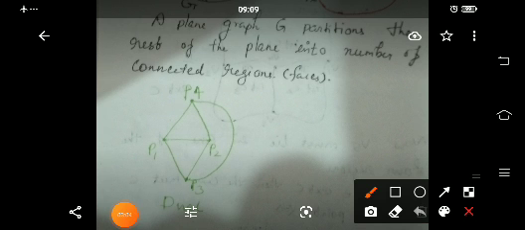That is called the dual. Here this is the dual of the above graph.